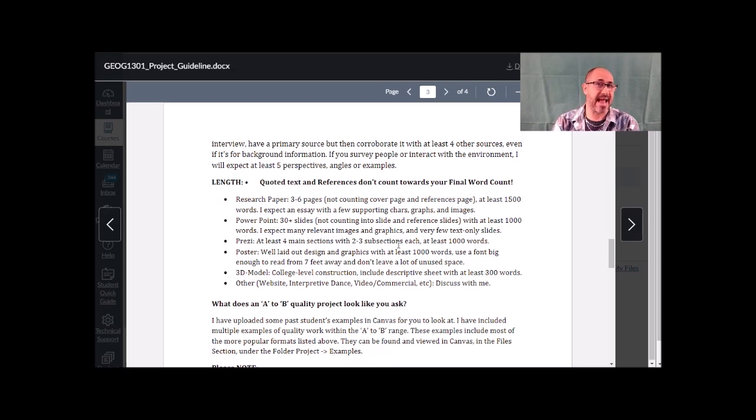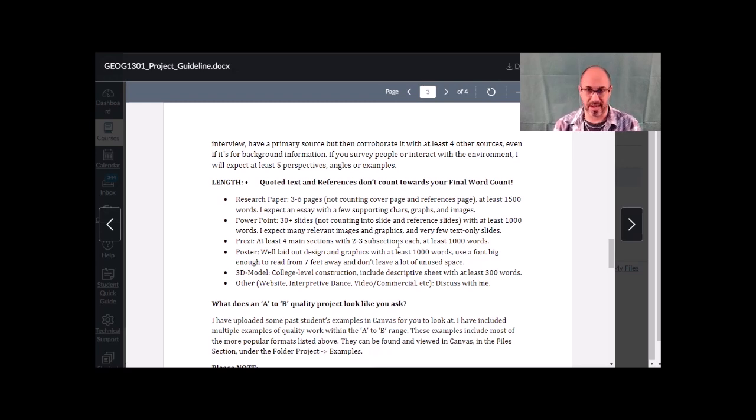You could develop an app. You could shoot an infomercial. You could do a fake news report. You could develop a website. The sky's the limit as long as you approve it with me first, if it's not one of these conventional research paper, PowerPoint, poster, or 3-dimensional model that I have listed here.